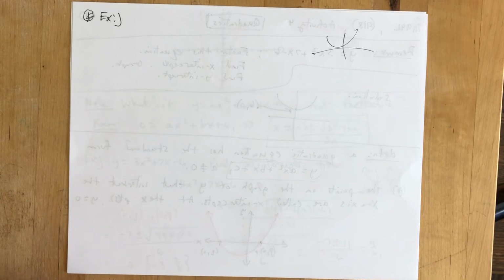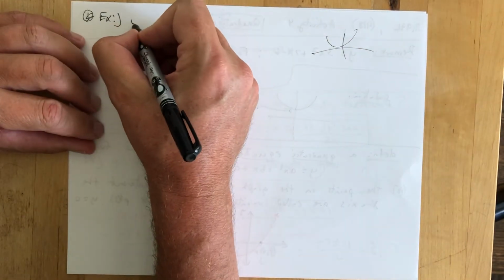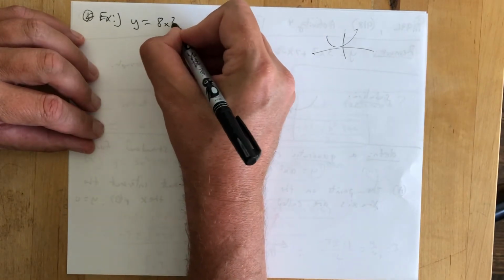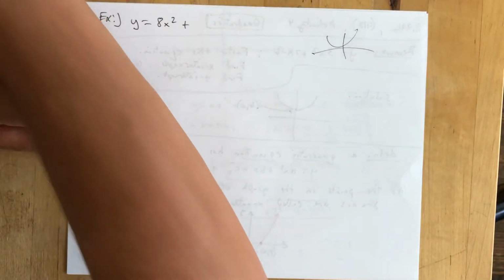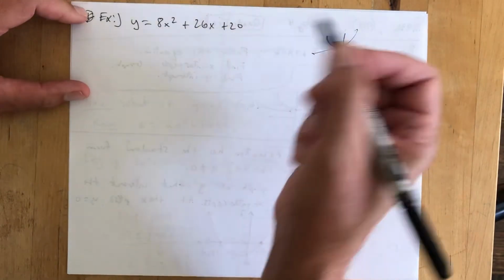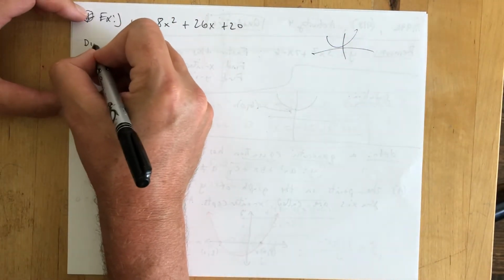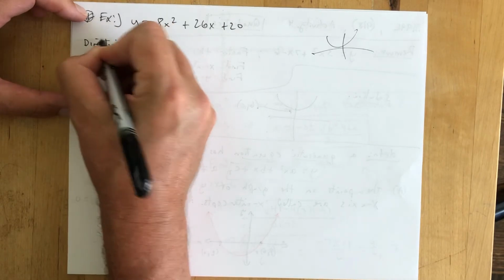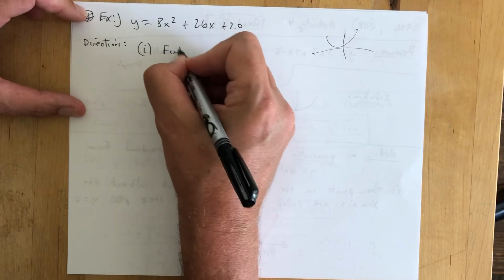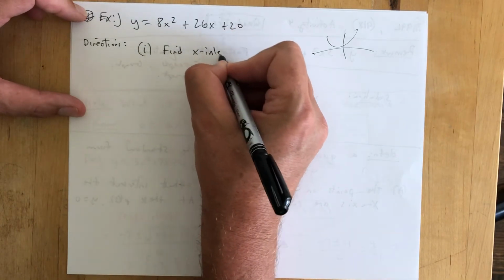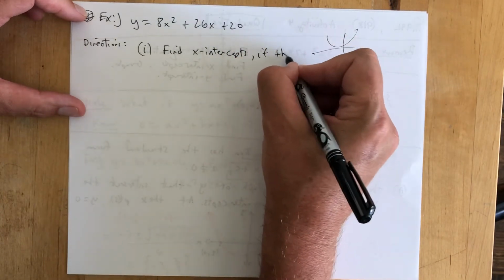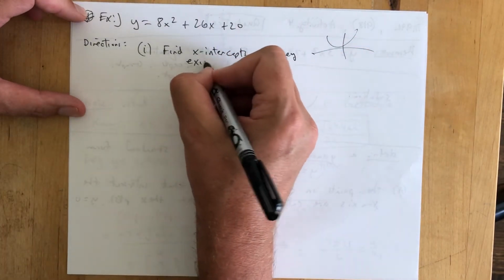Okay, so let's pick a fun example here, something a little challenging. We're going to let y equal 8x squared plus 26x plus 20. Okay, so here are the directions. And I want to see all these parts done. 1, find the x-intercepts if they exist.